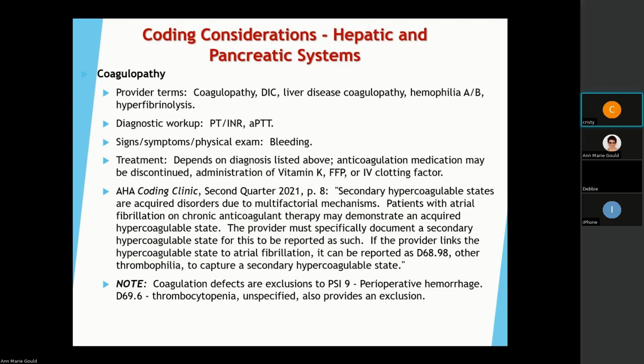So when you see an elevated INR, is it because the patient is on Coumadin, or the patient has AFib that the doctor is adjusting the INR? But if there's no Coumadin and there's no AFib, and the INR is elevated, then you think about, is this patient having coagulopathy, especially if the patient has bleeding. So that's just a query opportunity.